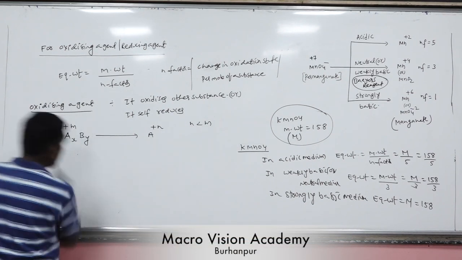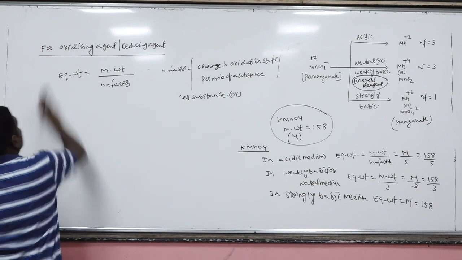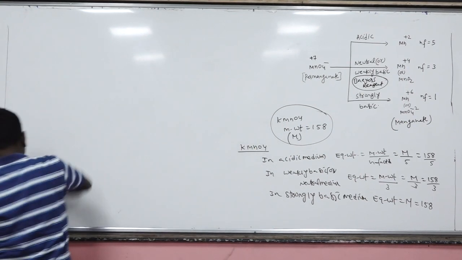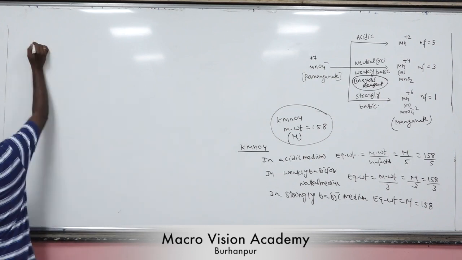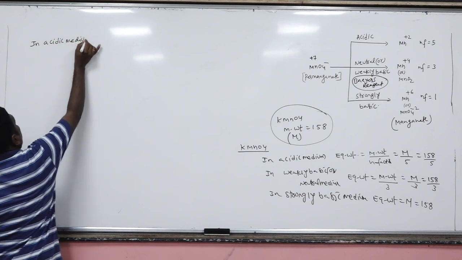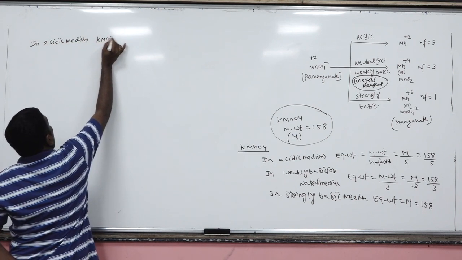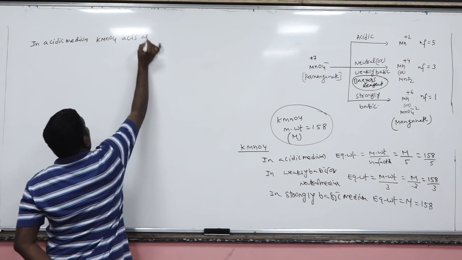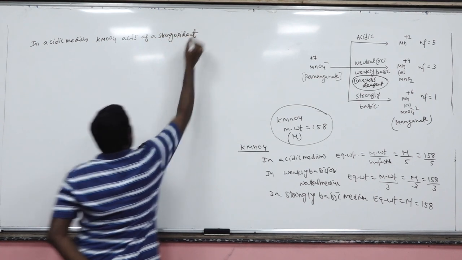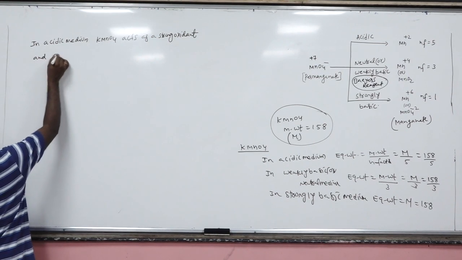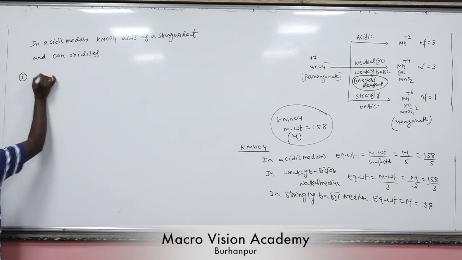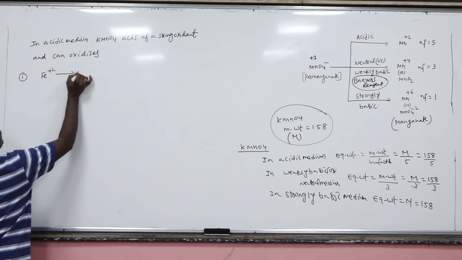Now come to acidic medium. KMnO4 acts as a strong oxidant and can oxidize, number 1, ferrous ion into ferric ion.